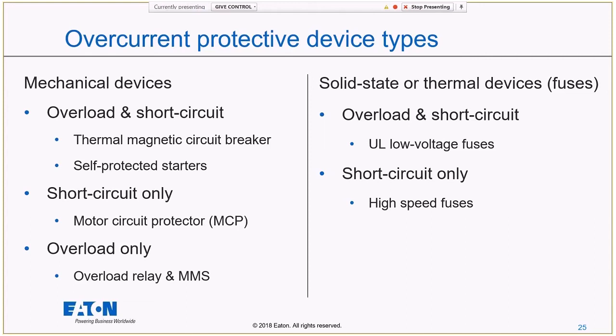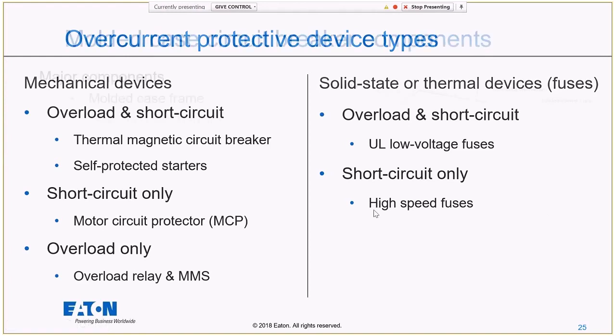So if you see class RK5, class J, class CC, whatever it is, the class fuse, that means it is a UL low voltage fuse. It gets that specific designation, and that means it has both overload and short circuit protection. There are some fuses out there that are short circuit protection only. Those are my high speed fuses or semiconductor fuses. I see those a lot of times protecting drives.